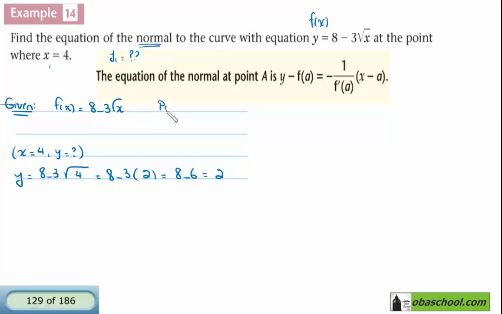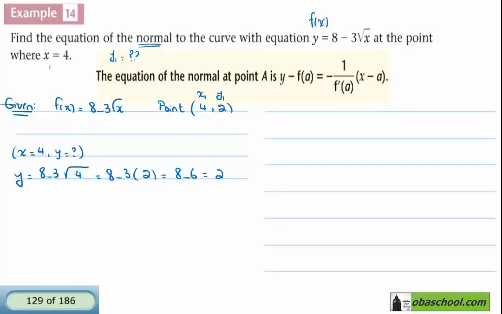Then the given point is going to be (4, 2), which is going to represent x1, y1, the specified point. Now, the second step to do is to find f prime of x.